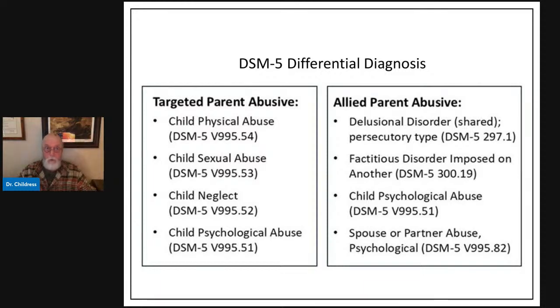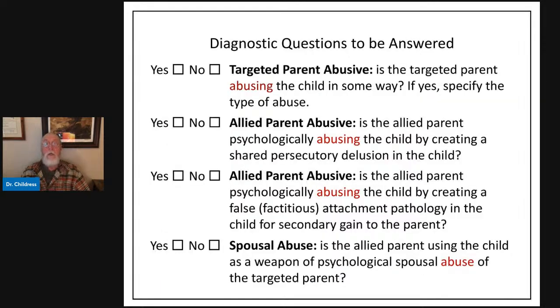So there's your differential diagnosis that needs to be addressed in all of these custody cases. And the court should be receiving clear information from professional psychology about this set of differential diagnoses.